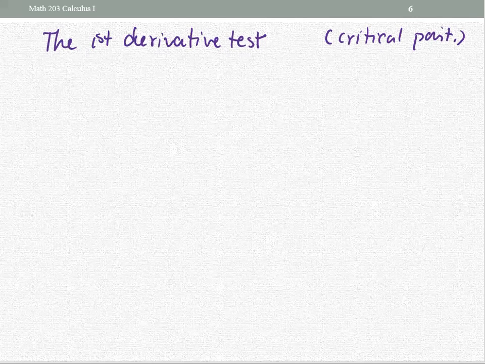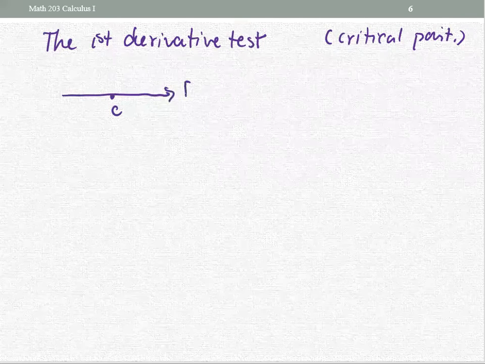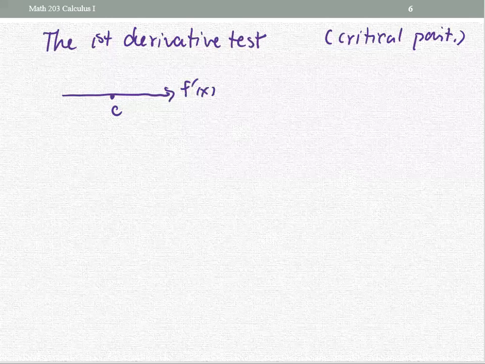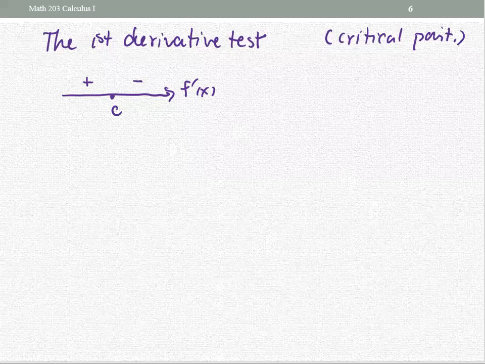The first derivative test says that at the critical point c, think about the nature of the graph: if f prime is positive, the graph is increasing, and if f prime is negative, the graph is decreasing.